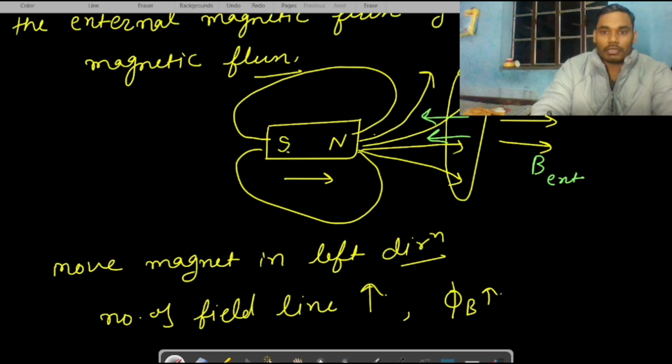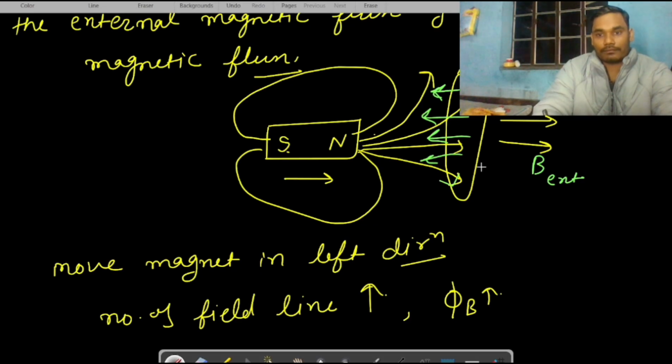Now if the magnetic field in this wire is in this direction, then in which direction will the current be? We can use the right hand curl rule.